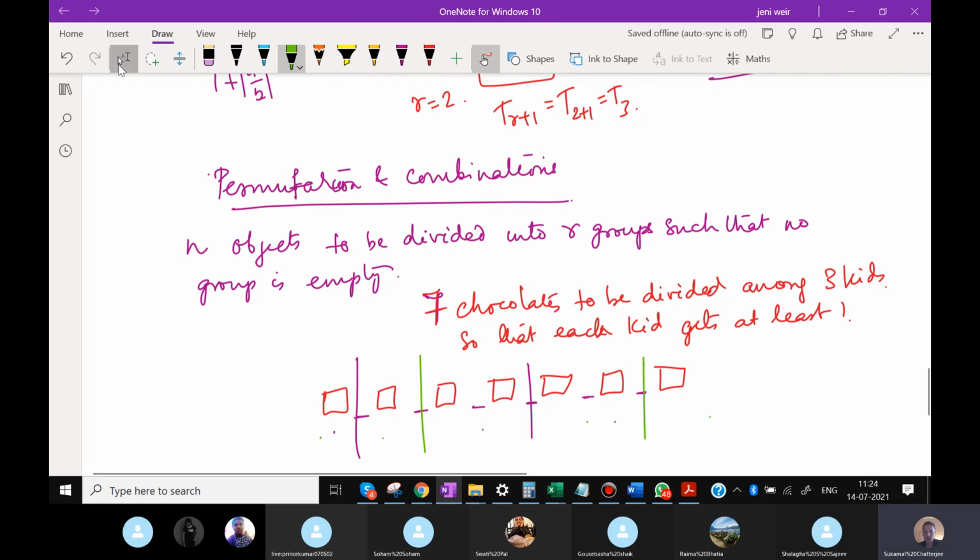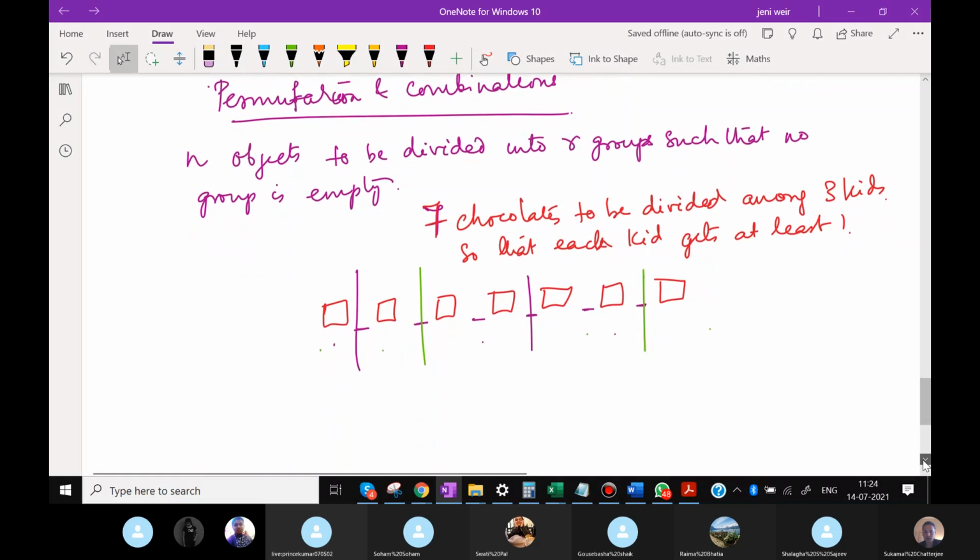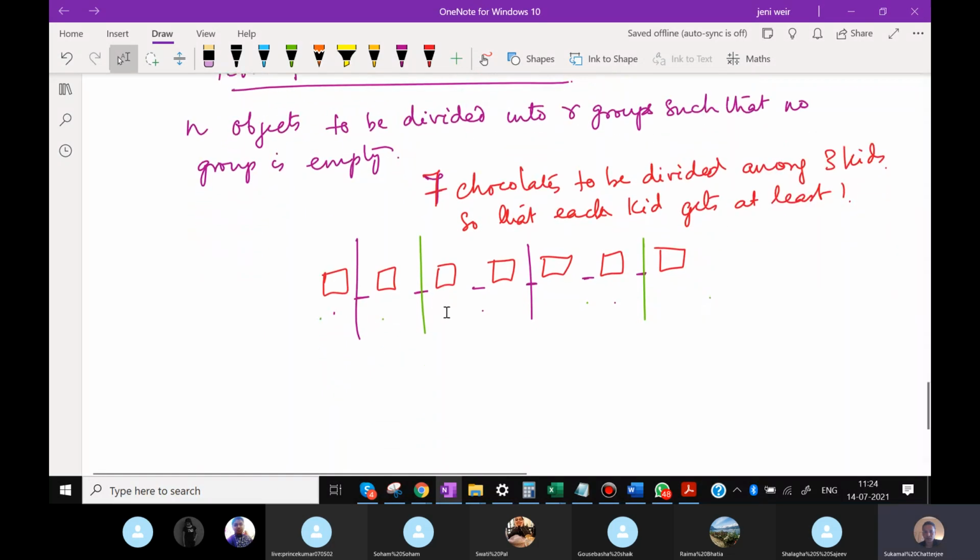So essentially, I am looking at the spaces between the chocolates, and I'm putting one barrier there to divide them into groups, right? So I need 2 barriers to create 3 groups.